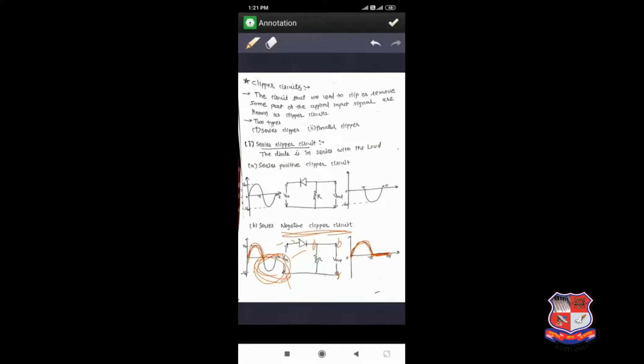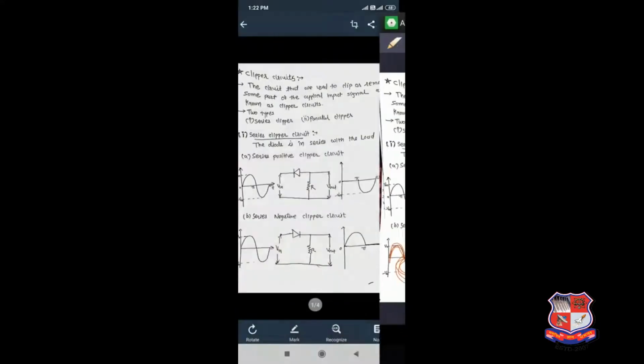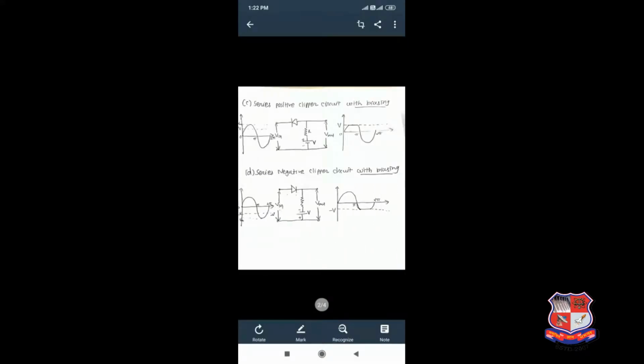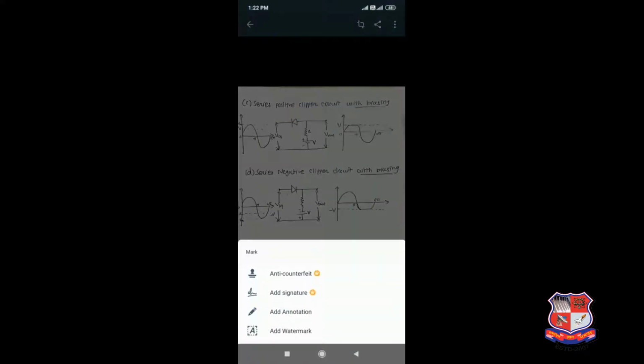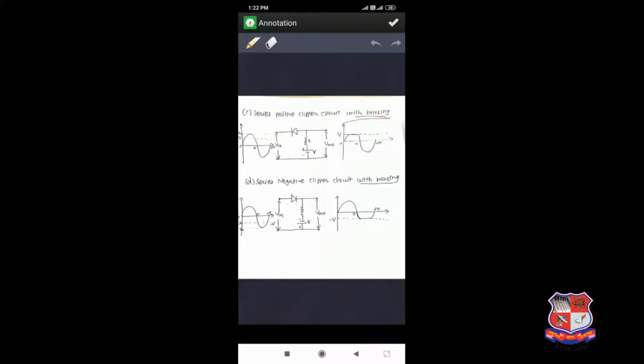Now the third case is the series positive clipper circuit with biasing. That means here an external DC voltage is connected, so it is called biasing.